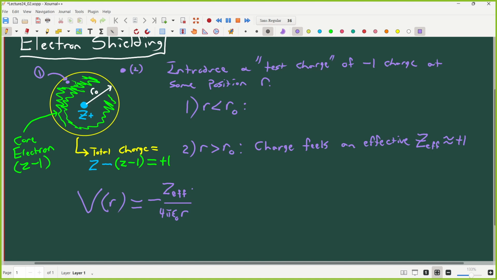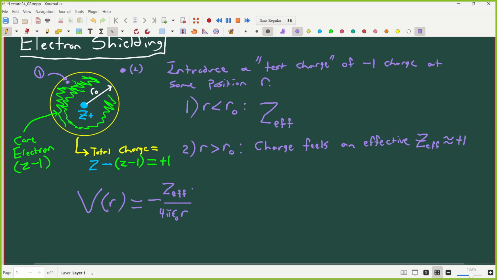It could be deep enough that it actually feels more of the positive charge from the nucleus than it would if it were outside of this circle. So the closer that electron comes in, the closer the effective charge it feels is to the actual value of the nucleus. And it turns out that when you do the analysis, the effective charge that the electron feels is a function of the distance.